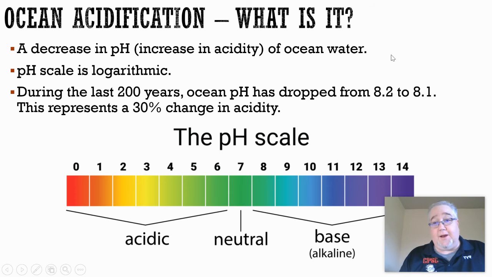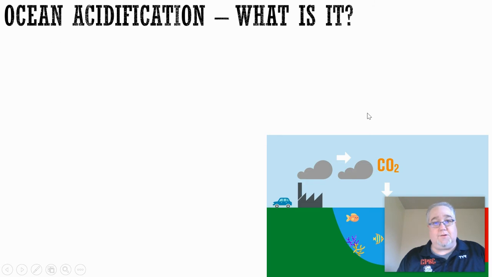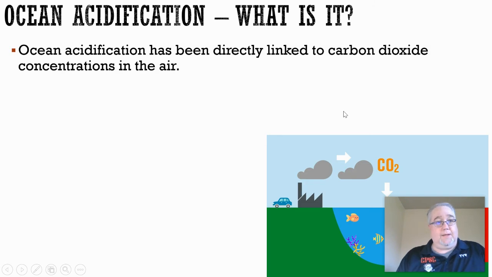During the last 200 years, ocean pH has dropped from 8.2 to 8.1. Now that may not seem like it's that big of a deal, but that is a 30% change in acidity based on the fact that again, the pH scale is logarithmic. So it is kind of a really big deal, that slight change from 8.2 to 8.1.